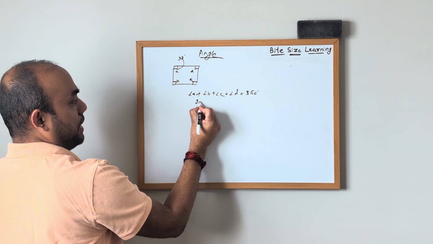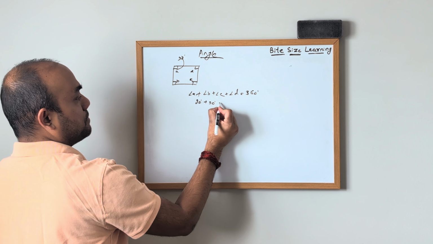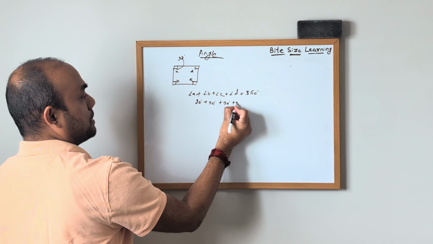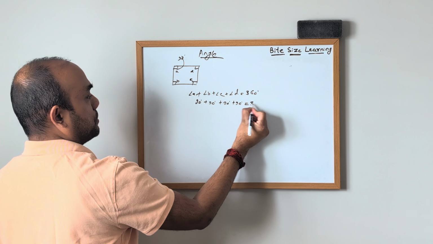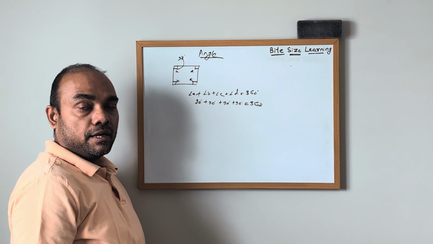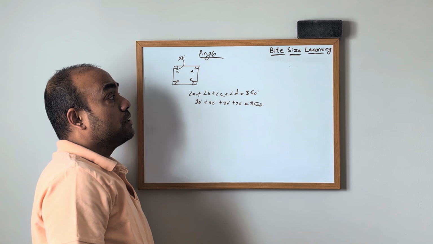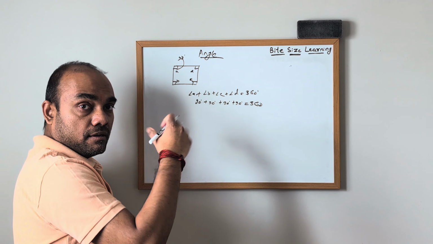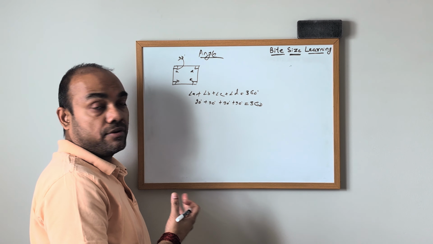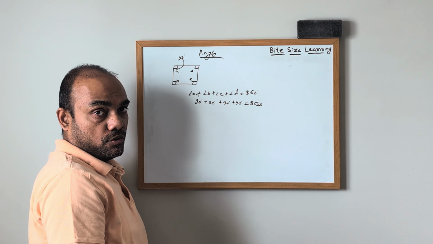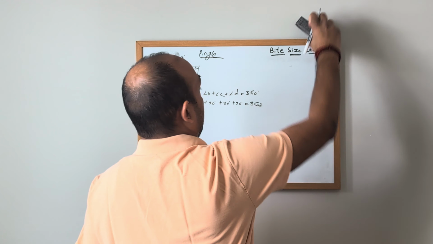That is 90 plus 90 plus 90 plus 90, which is equal to 360 degrees. So it is the same for any other quadrilateral. The sum of all the angles is equal to 360 degrees, right?